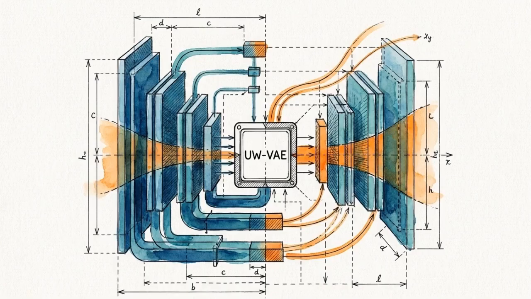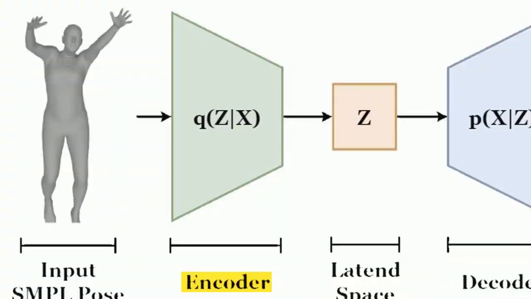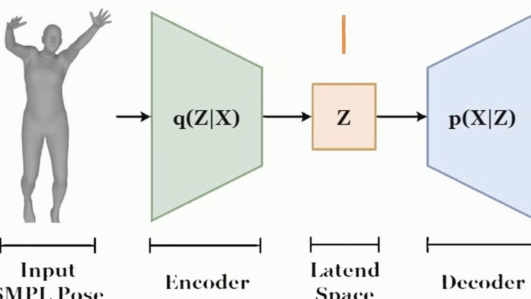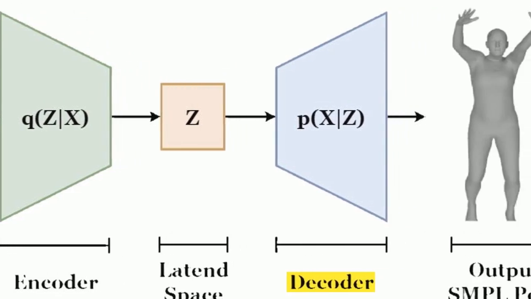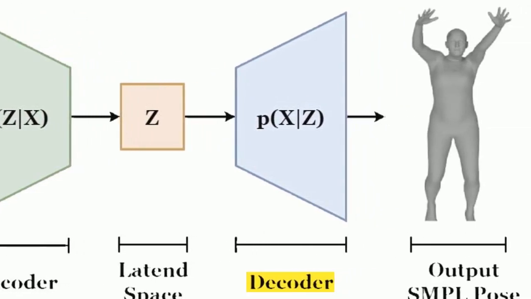The solution to the refraction problem is the pre-trained Underwater Variational Autoencoder, or UW-VAE. The encoder, in green, maps warped pose parameters from pre-processing into a condensed 32-dimensional latent space. Trained exclusively on valid swimming kinematics, this space acts as a filter. The decoder then expands the data, reconstructing the pose based on biomechanical rules.